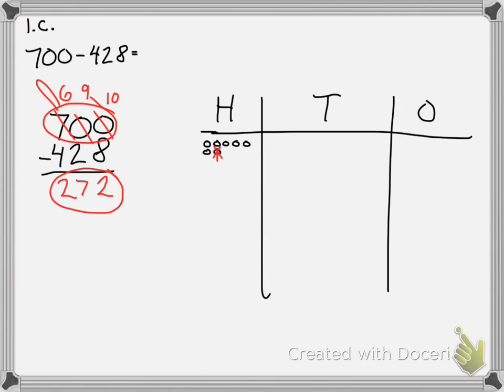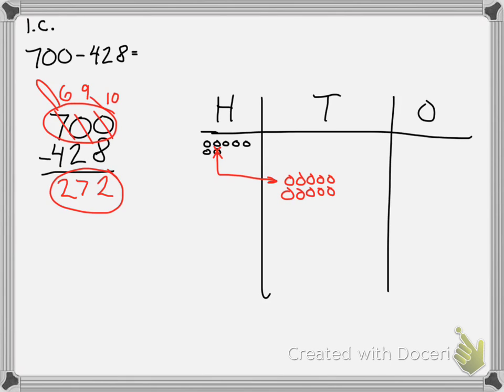So we're going to come over here and set this up on the place value chart now. So of course I have to unbundle one of the hundreds, which leaves me with 6 hundreds left so far. So I'm going to go 1, 2, 3, 4, 5, 6, 7, 8, 9, 10.